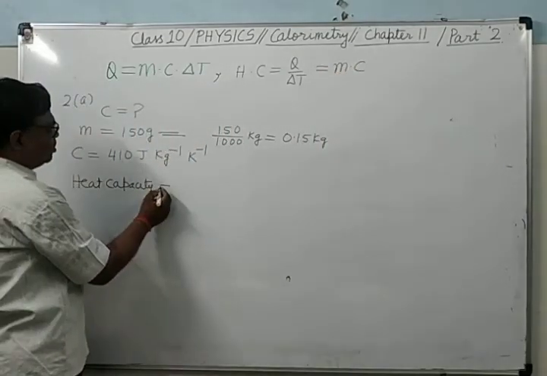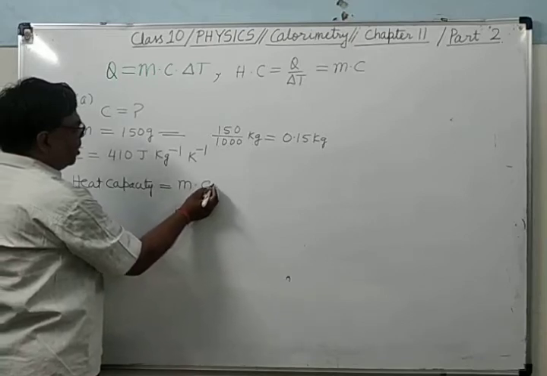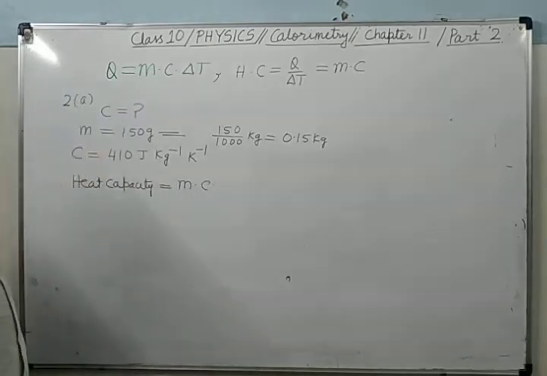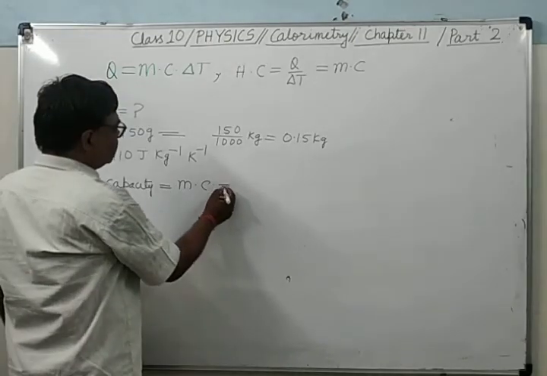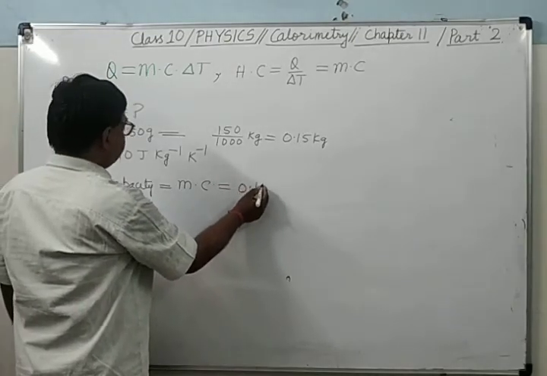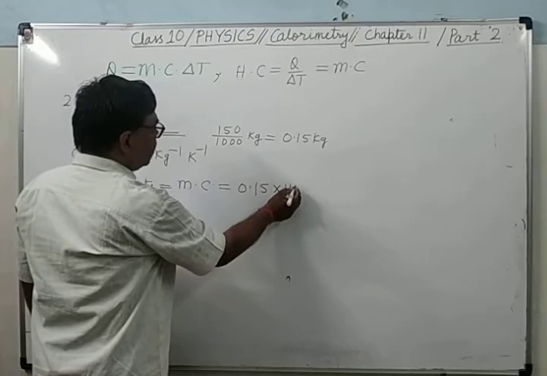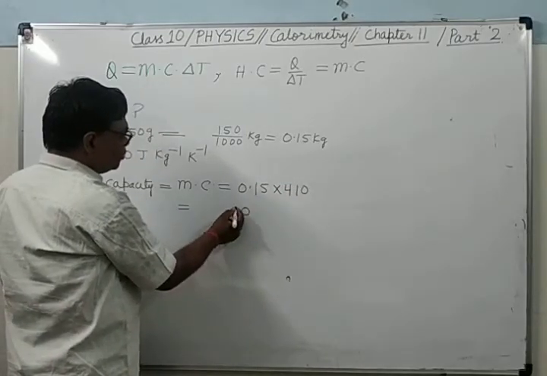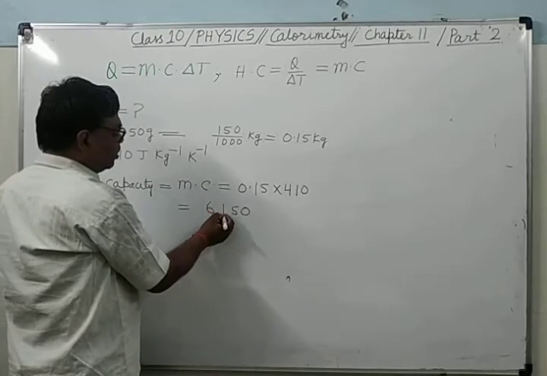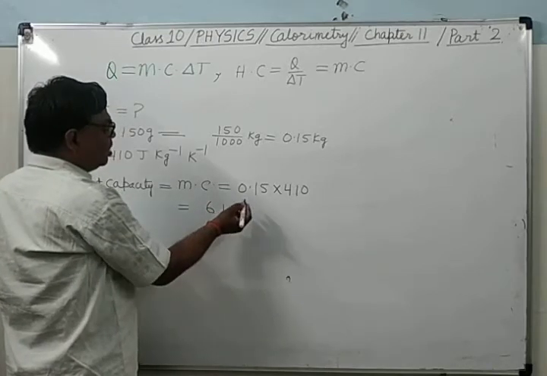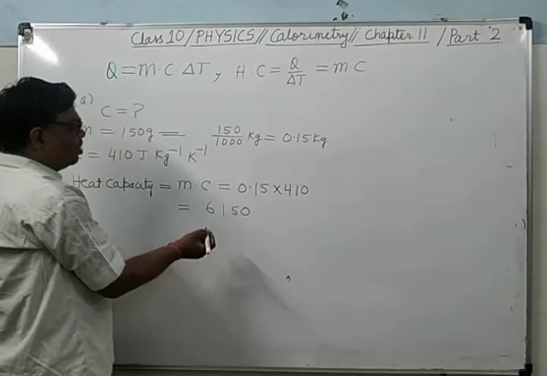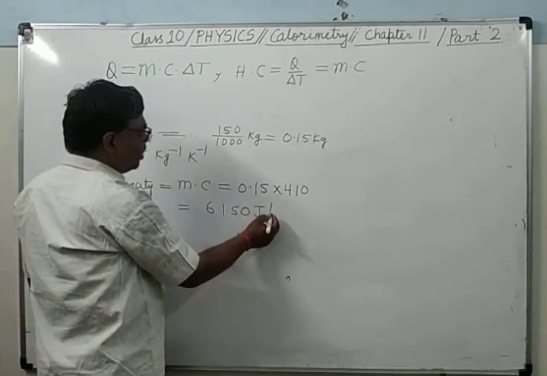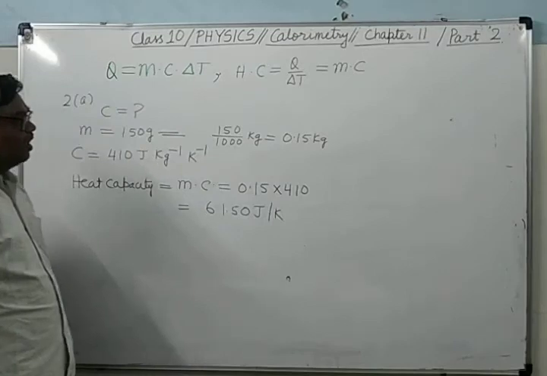M into C, this is the amount of heat required to raise the temperature by 1 Kelvin, by 1 degree Celsius. So it will be 0.15 into 410. When you simplify, this equals 61.5 joule per Kelvin.